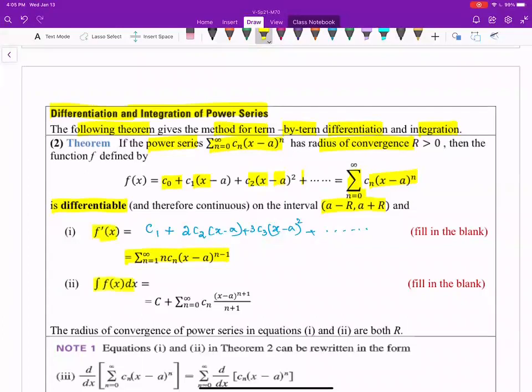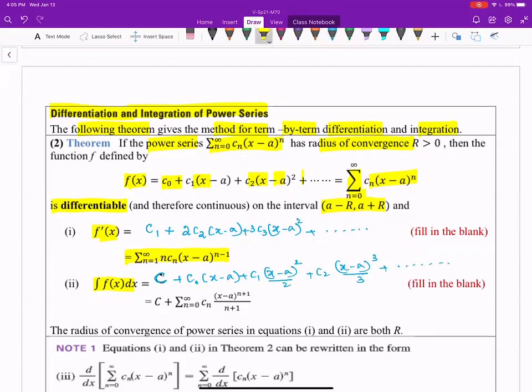You can also integrate this f of x. Integration is also done term-wise. If you integrate that, a constant of integration is going to appear, let's say c. Then if I integrate each one of the terms, I get c0 times x minus a, c1 times x minus a the whole squared over 2, then c2 times x minus a the whole cubed over 3, and so on.